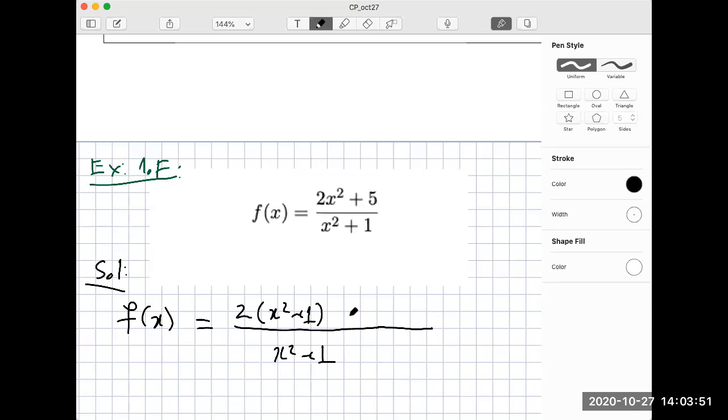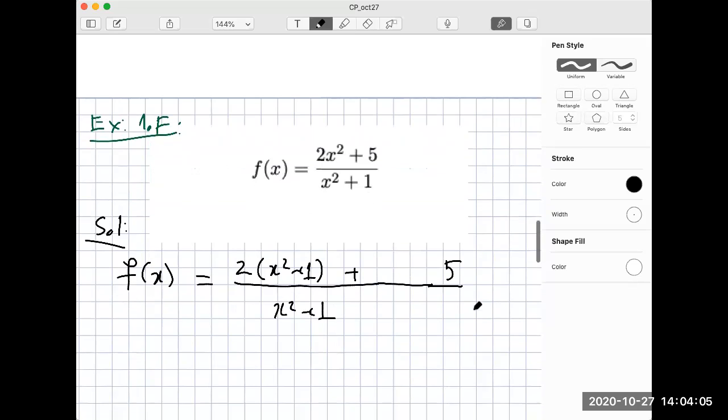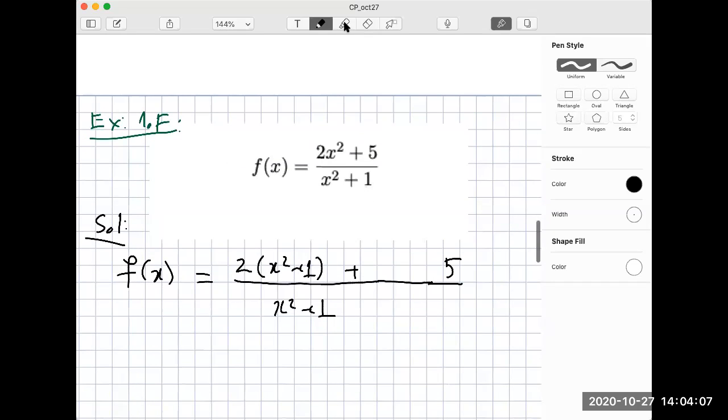And when we separate them, we can simplify this guy with the denominator. Okay? Do you see the trick here? Because here it has x squared.